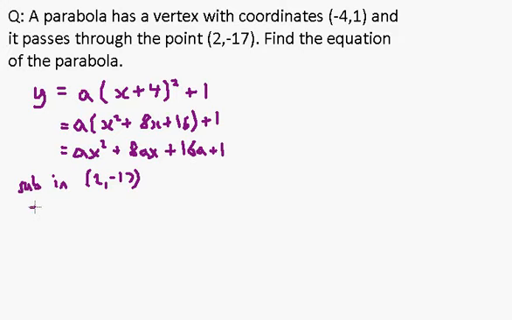So y is minus 17. a, I don't know yet. x is 2, so 2 squared times a is 4a. I've got 8 times a times 2, so that gives me 16a. Plus another 16a plus 1.